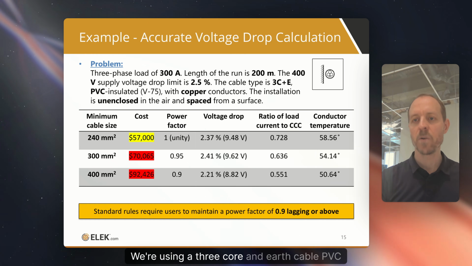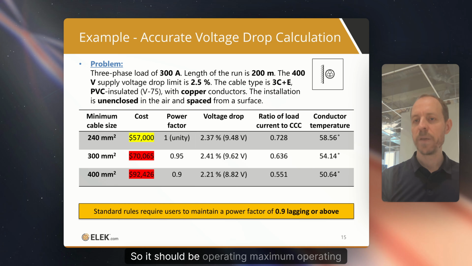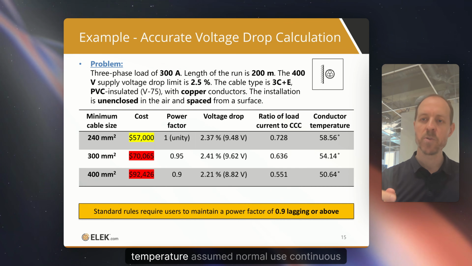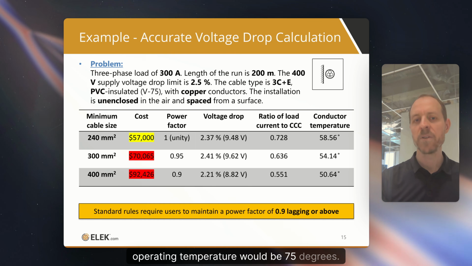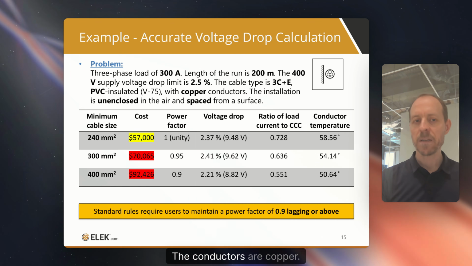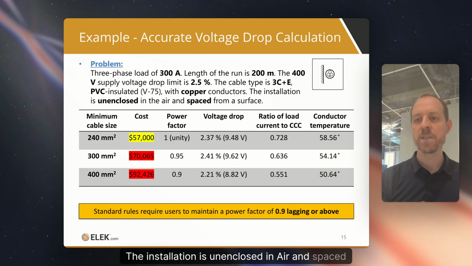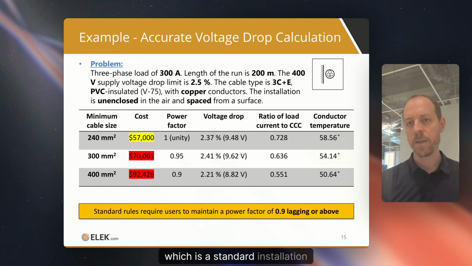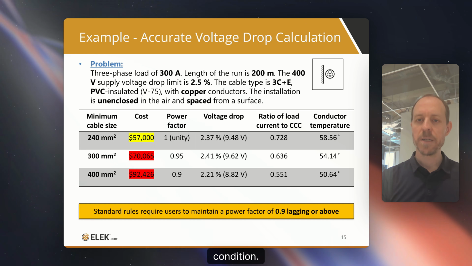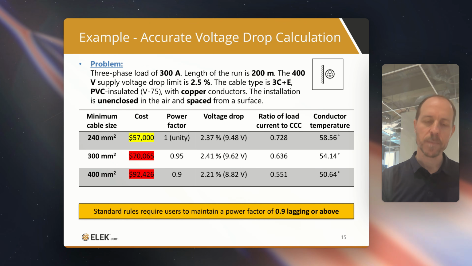We're using a 3-core and earth cable, PVC insulated. So the maximum operating temperature, or normal use continuous operating temperature, would be 75 degrees. The conductors are copper. The installation is unenclosed in air and spaced from a surface, which is a standard installation condition. You can see the image in the top right hand corner shown here.